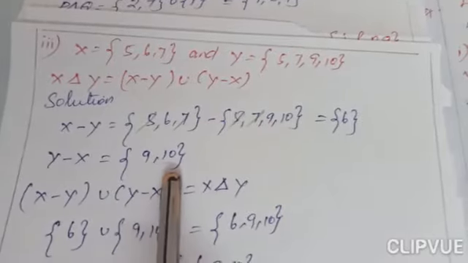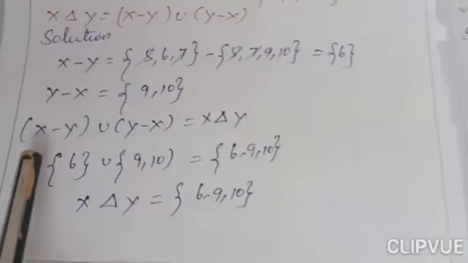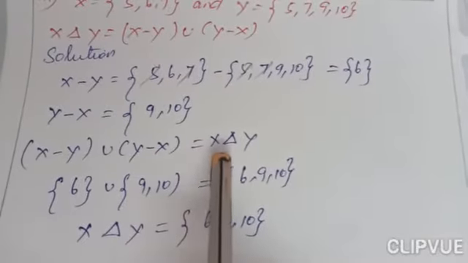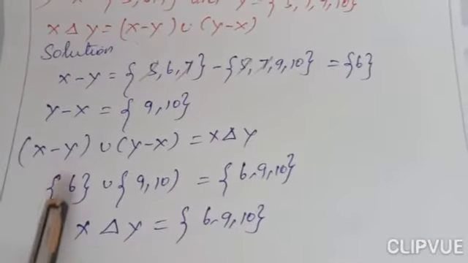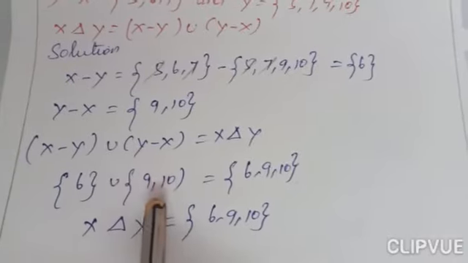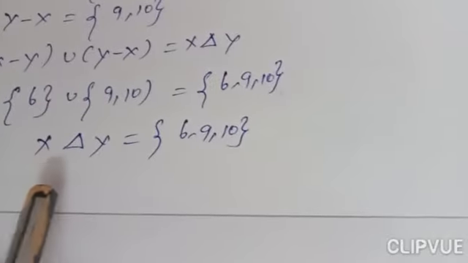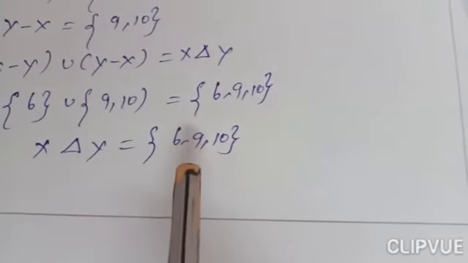X difference Y union Y difference X is X symmetric Y. X difference Y is 6, Y difference X is 9, 10. Join the two sets, that is 6, 9, 10. Finally we can conclude X symmetric Y equals 6, 9, 10.